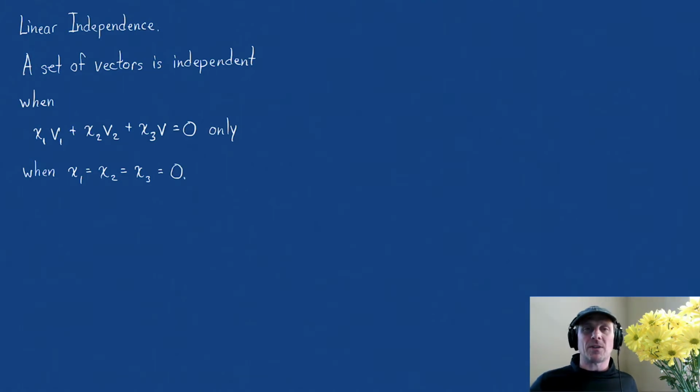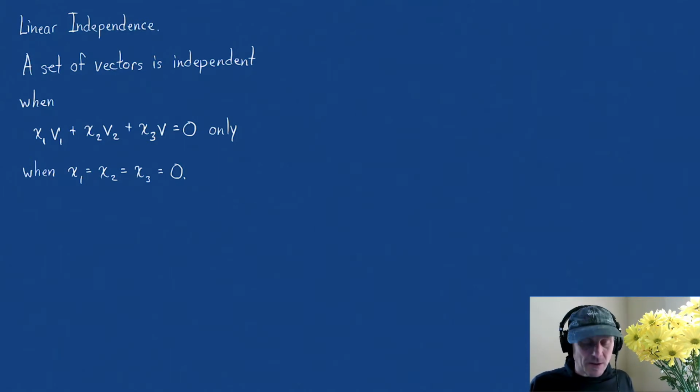Now remember, we said earlier that they're dependent if those x's can be different numbers. Well, independent is that one unique case. Remember, dependent, there's an infinite number of ways. Independent means there's only one way. That is this way when they're all zeros.